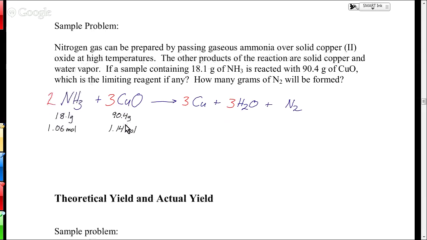Another way that we can see that is by doing the calculation. So we can say 1.14 moles of copper oxide. And then the equation tells us that it's 3 moles of copper oxide for every 2 moles of ammonia, NH3.